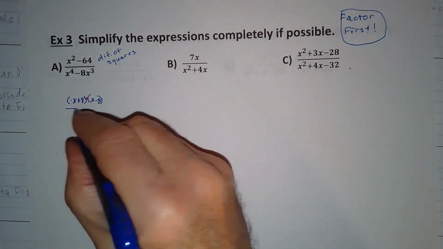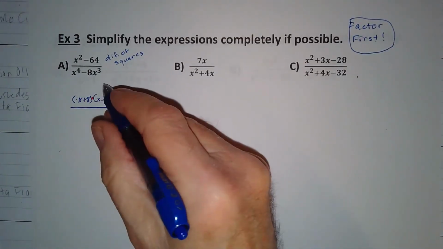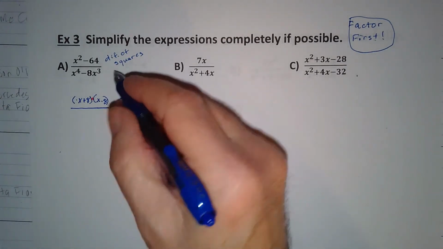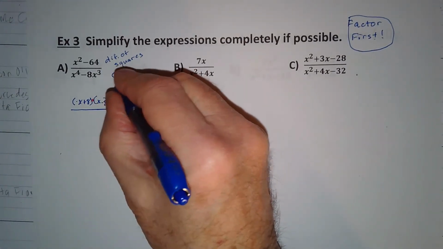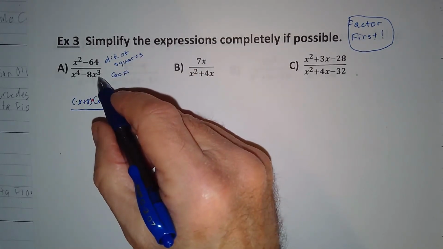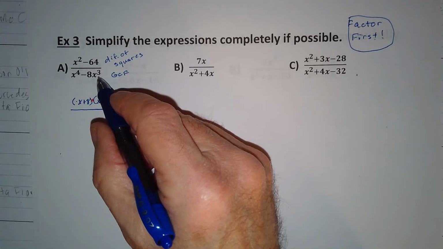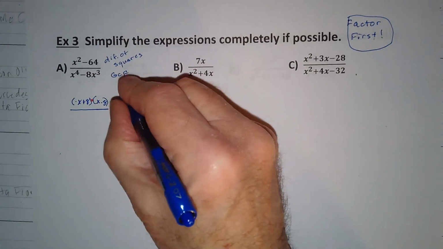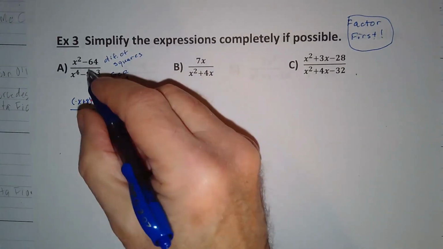Okay. And then the denominator now, it looks like we've got a greatest common factor we got to get rid of. And what is it? Looks like we have x cubed here. So it looks like we can factor out the x cubed. Right? So x cubed. So we're going to do that.